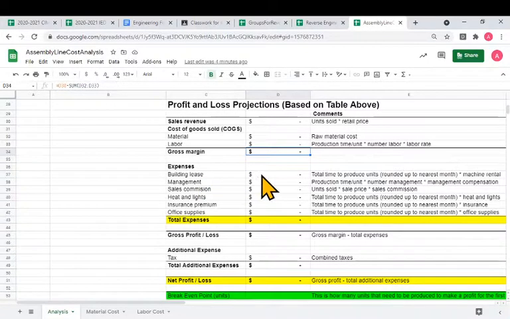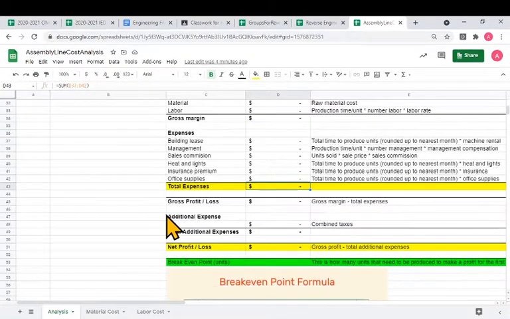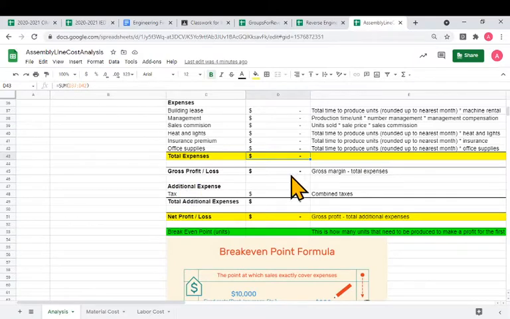Down here we have the summary of expenses that I was just going over, the total expenses per month. And then down here we have the net profit or loss.